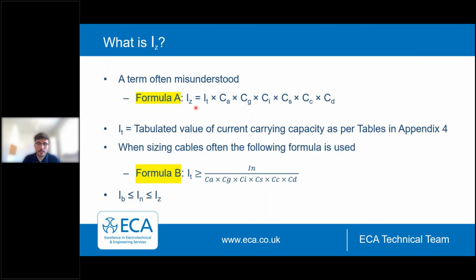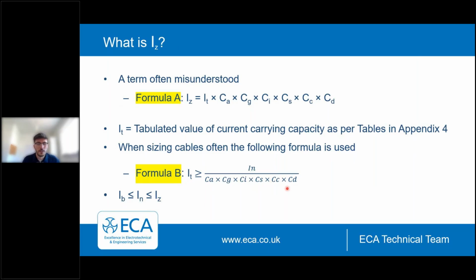That's then going to take this IZ value below the 32 amp rating of the protective device, and then I'm going to have to go back and try a different cable size. So often we apply Formula B because by applying Formula B, we take the rating of the protective device and divide it by applicable rating factors.